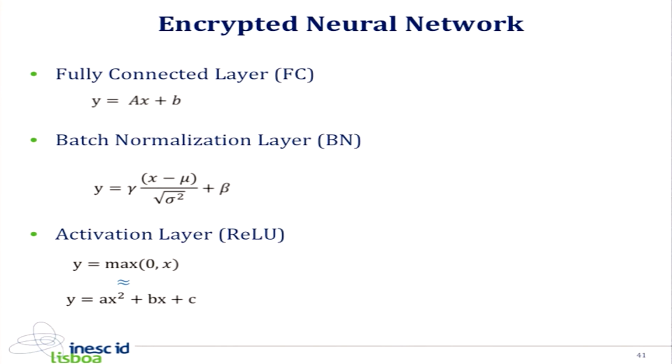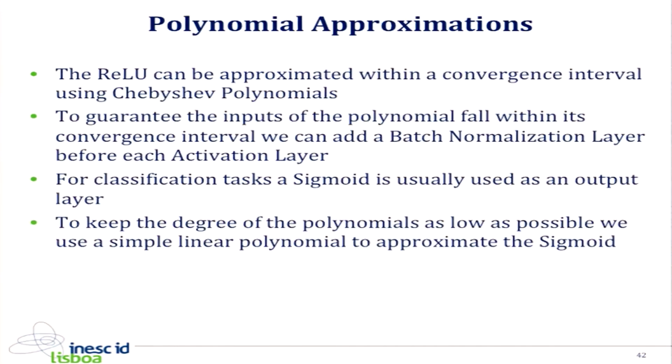For the ReLU activation layer, we had to replace this max operation by a polynomial. In this case, we chose a Chebyshev polynomial. And for the sigmoid, we also had to use a simple polynomial.